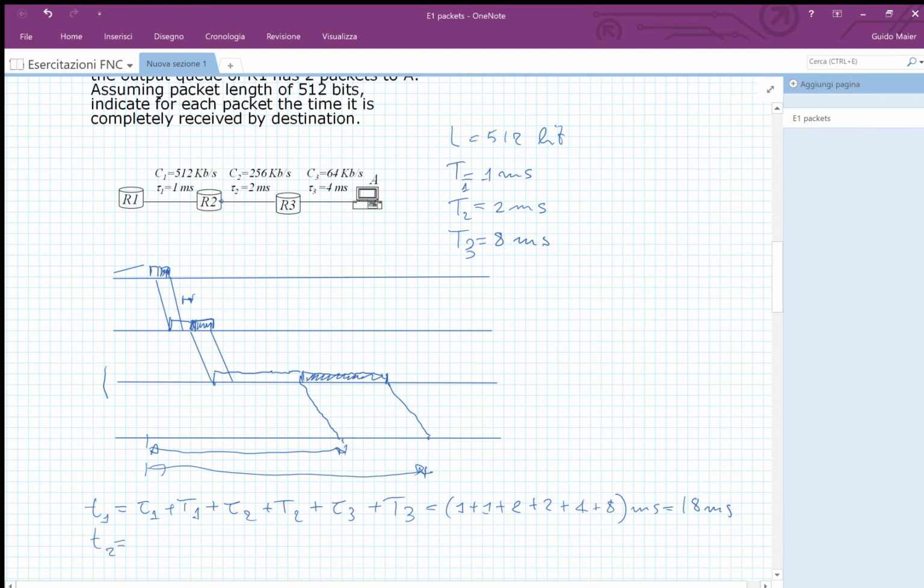Now I want to calculate the transfer time of the second packet. Let's do the same trick as before. So we start from the end here, and we move leftwards towards time t equal to 0.